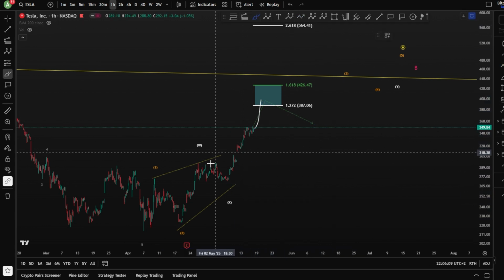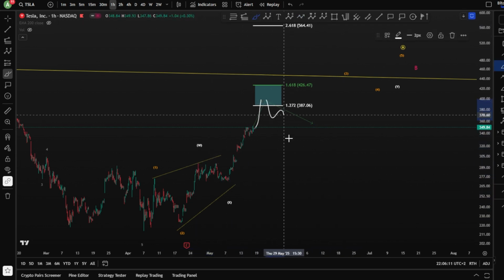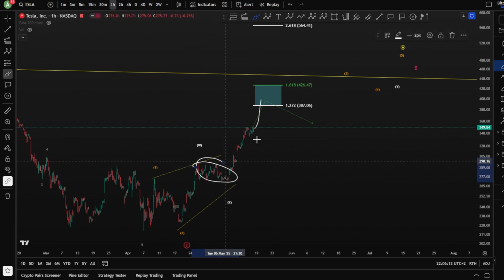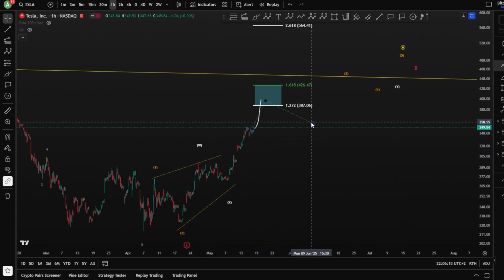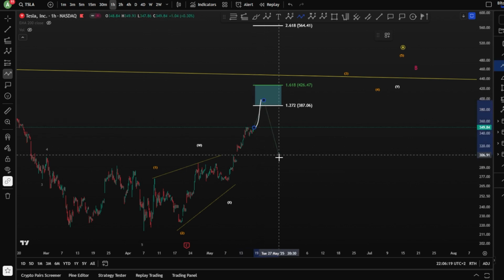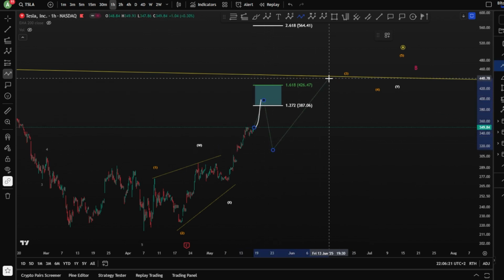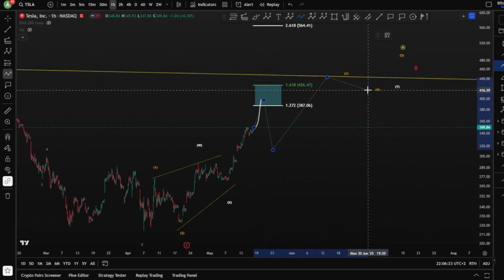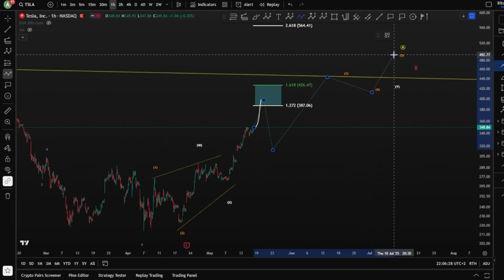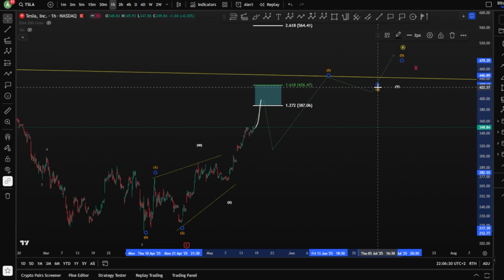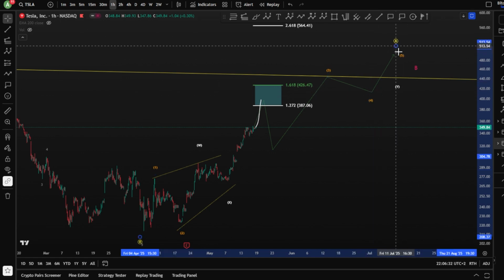Alternation between wave 2 and wave 4, you would like to see a zigzag. This is already a flat, so you would like to see a zigzag here, actually. So, sorry, guys, wave 5, wave 4, wave 3. Now you get a sideways because the wave 2 is a zigzag. You might get a sideways and then wave 5. Here we go. This is what I would like to see.